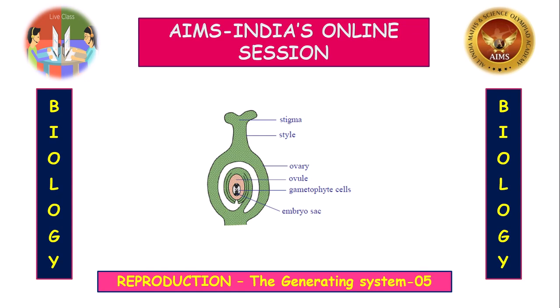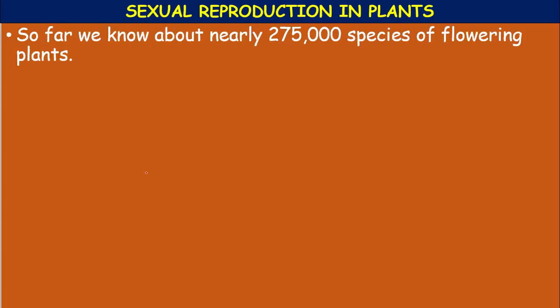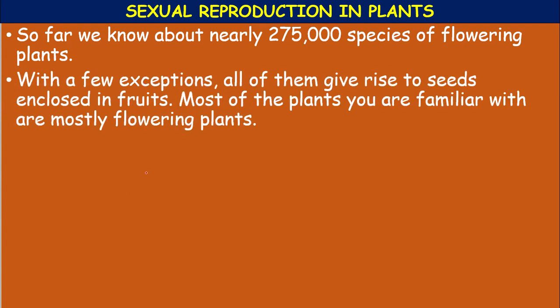So let us discuss more about this sexual reproduction in plants. Are you ready, children? Let us proceed. So far we know that about nearly 2,75,000 species of flowering plants, with a few exceptions, all of them give rise to seeds enclosed in fruits.